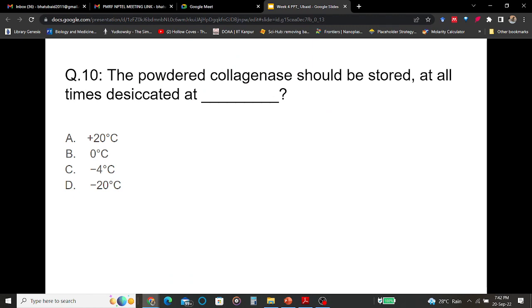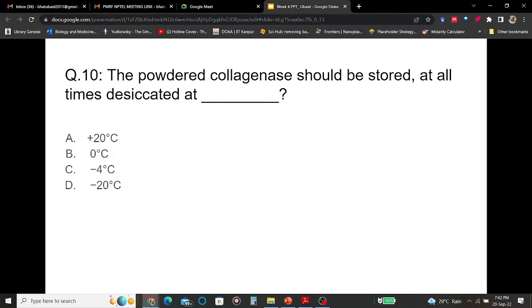So the last question is question number 10. The powdered collagenase should be stored at all times desiccated, but at what temperature should this powdered collagenase be stored?